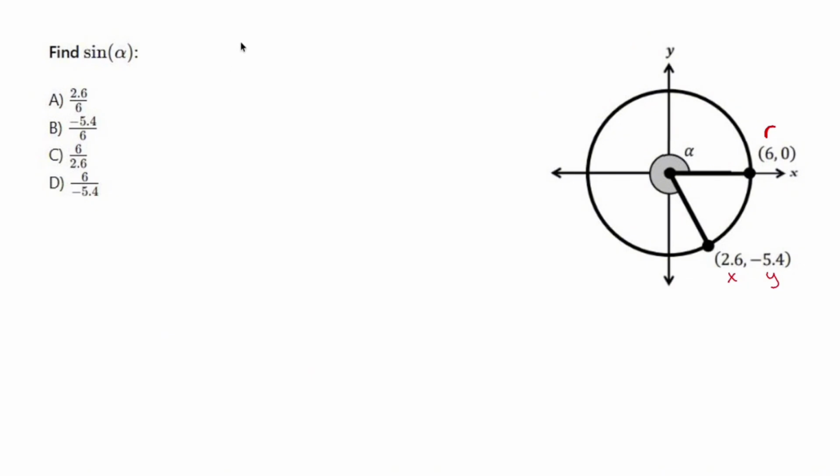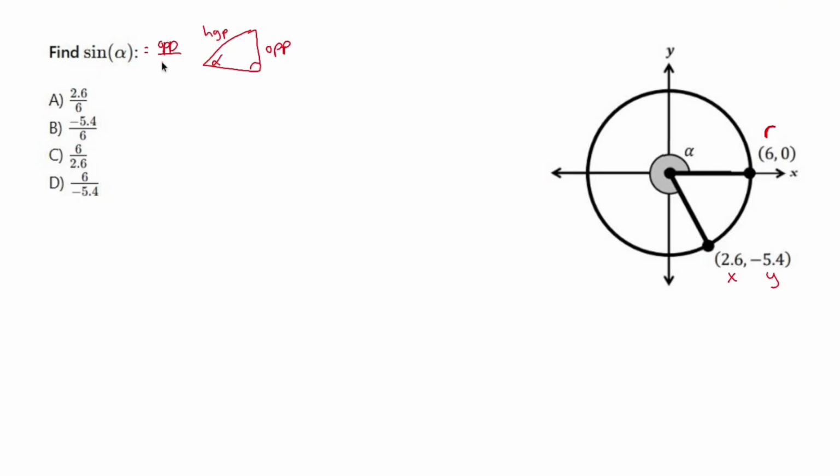Now, there's shortcuts here, but let's remember what sine means. If we go back to SOHCAHTOA, and we're looking at a perfect right triangle like I just did, we have the opposite side and the hypotenuse. The sine of alpha is the opposite over the hypotenuse.